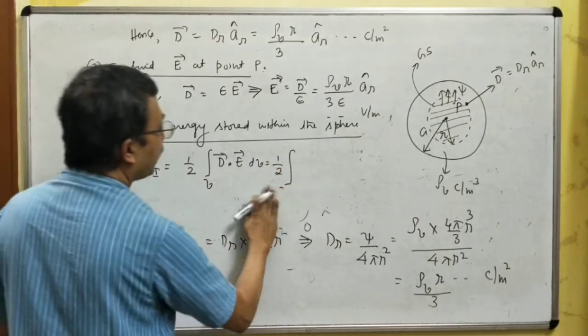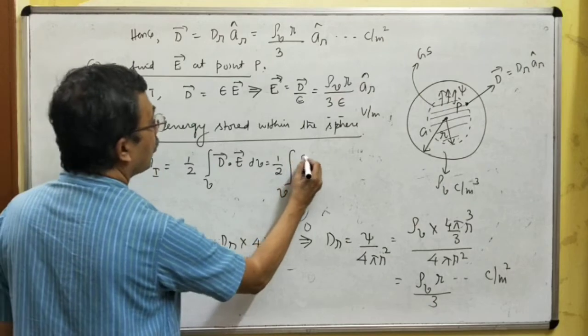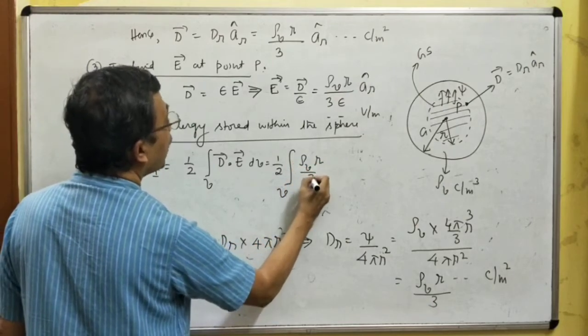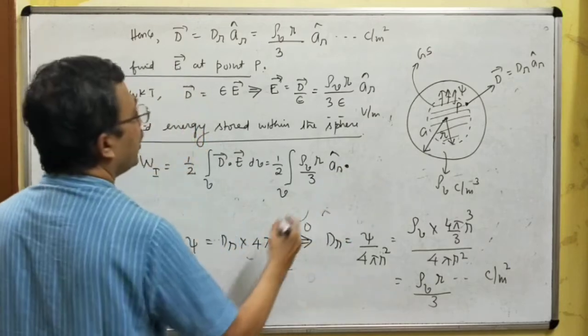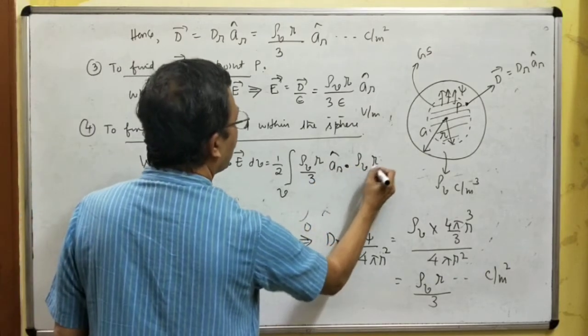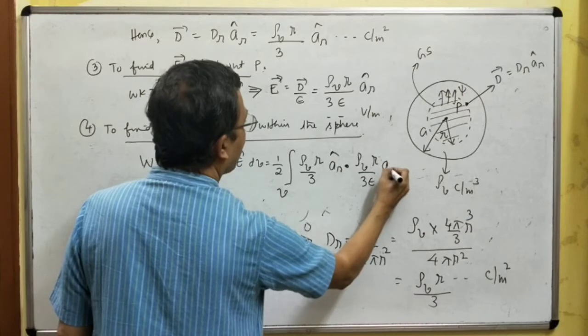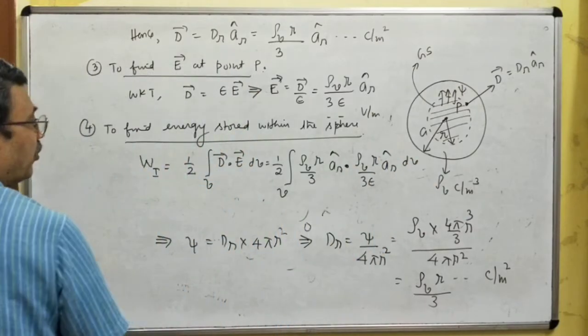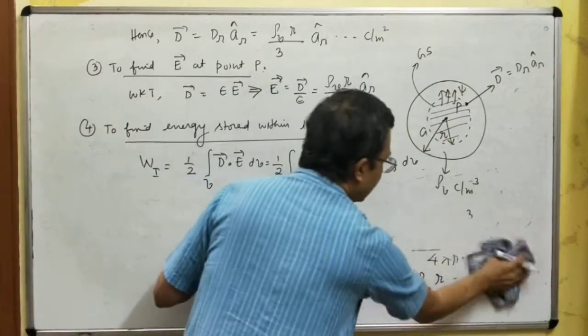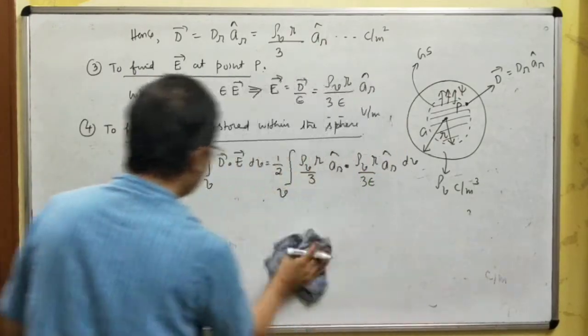What is vector D? Vector D is rho v into r divided by 3 ar cap, dot, what is vector E? Rho v into r by 3 epsilon into ar cap dv. Ar cap dot ar cap is 1.